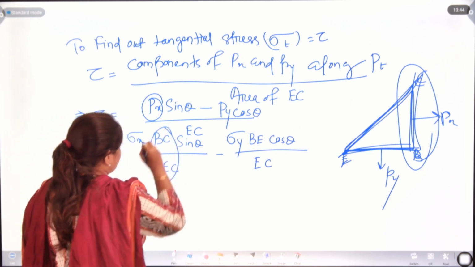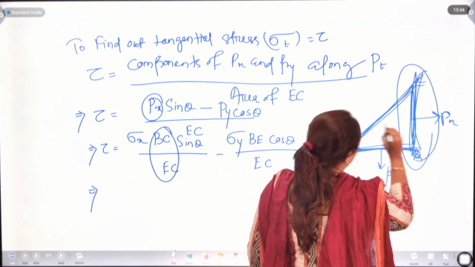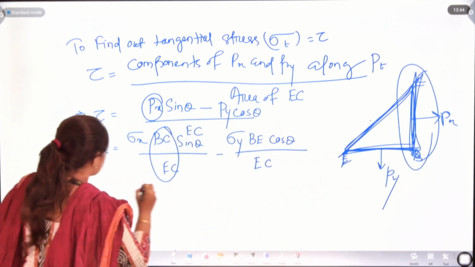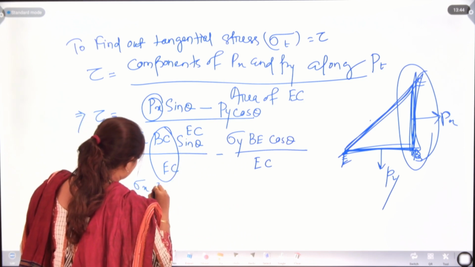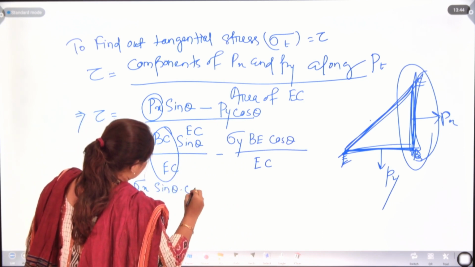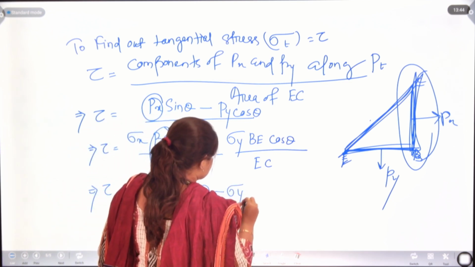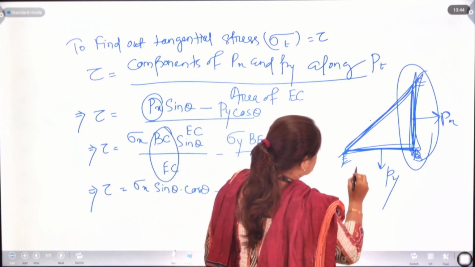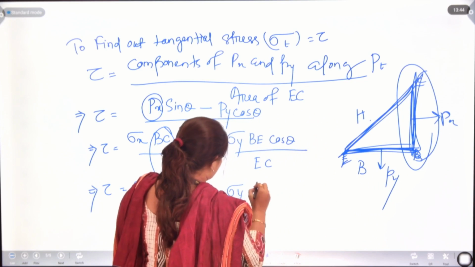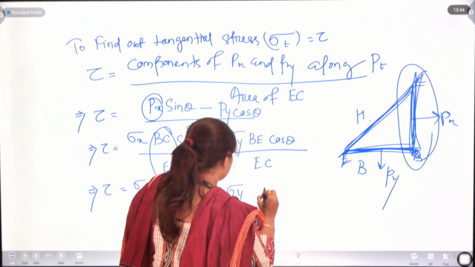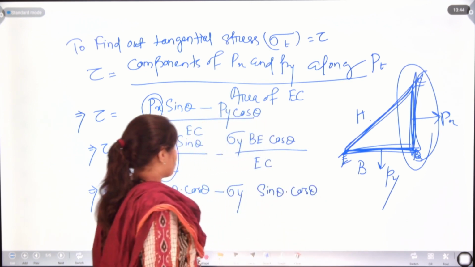So BC upon EC. BC is what? Perpendicular upon hypotenuse. So tau will be sigma x into sin theta into cos theta minus sigma y into BE upon EC. BE is our base, upon hypotenuse. So this will be sigma y into sin theta into cos theta.